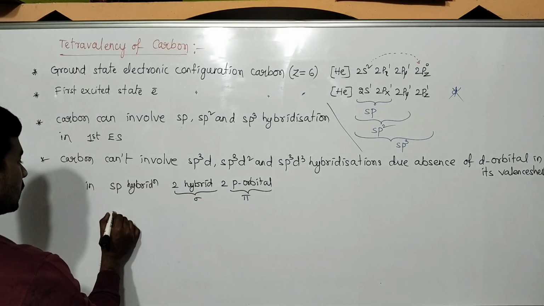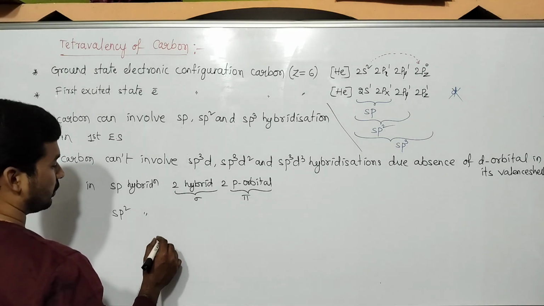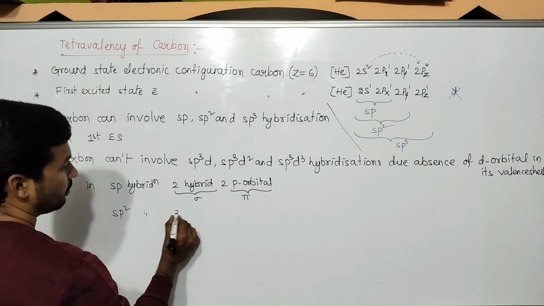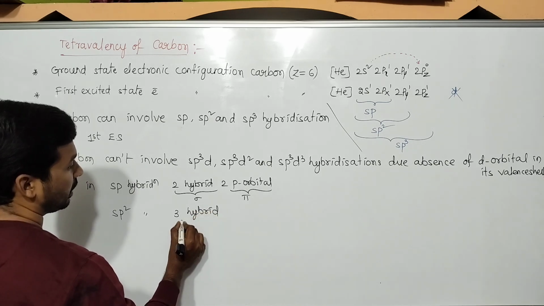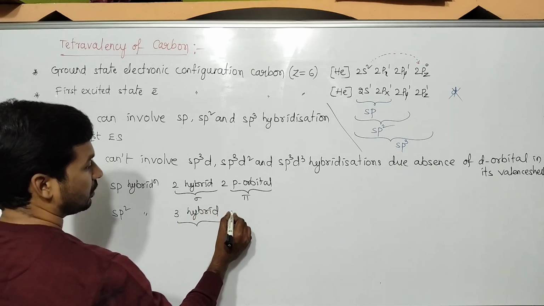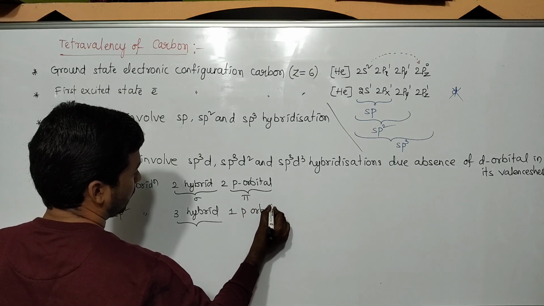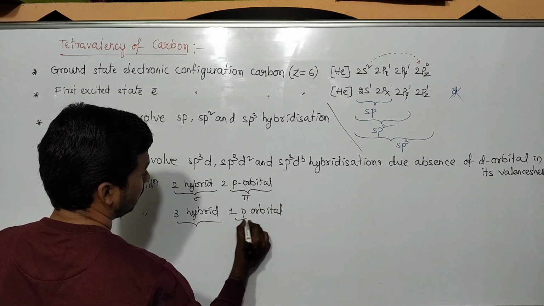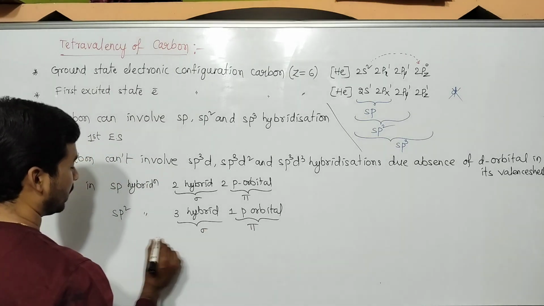So in sp2 hybridization, there are three hybrid orbitals from one s orbital and two p orbitals, and one p orbital. This p orbital is involved in pi and hybrid orbitals are involved in sigma bonding.